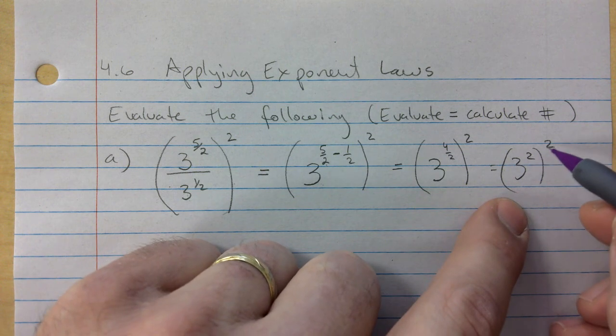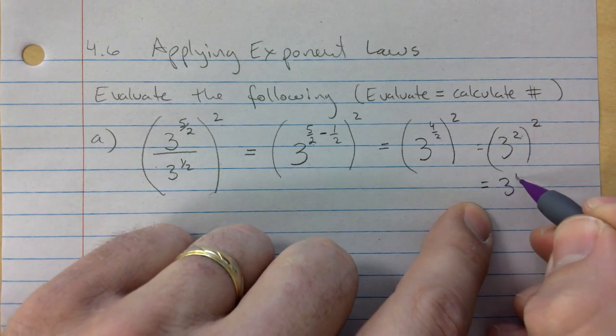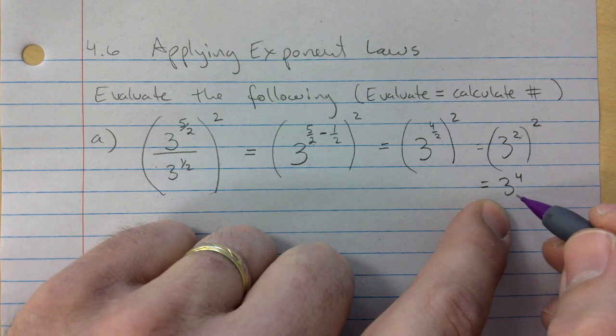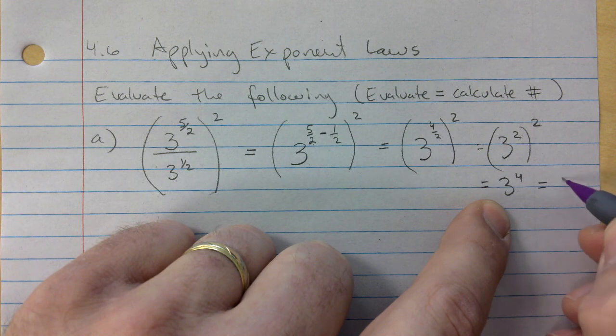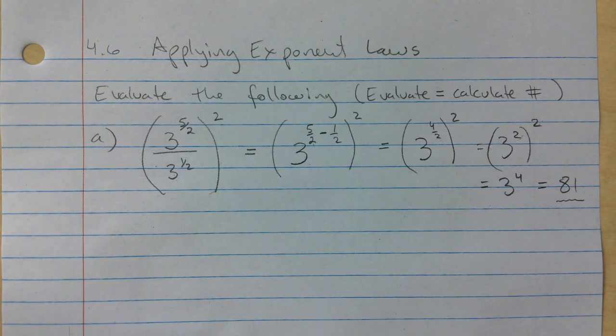So here it's 3 to the power of 4. You recognize that, that's 3 to the power of 4. And that is really 3 squared times 3 squared, which is 9 times 9, which is 81. Okay, so that's your final answer there. You've evaluated that expression.